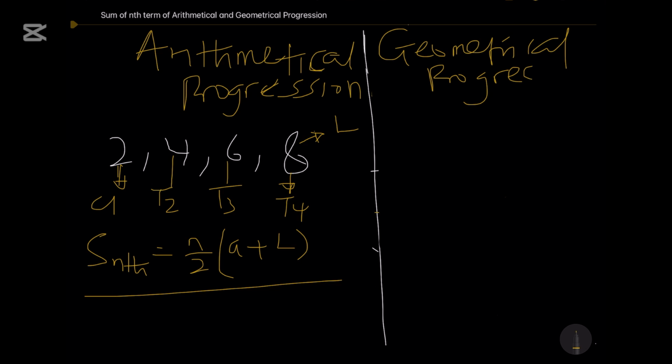Now, for a GP, we have two kinds, depending on the value of our common ratio.